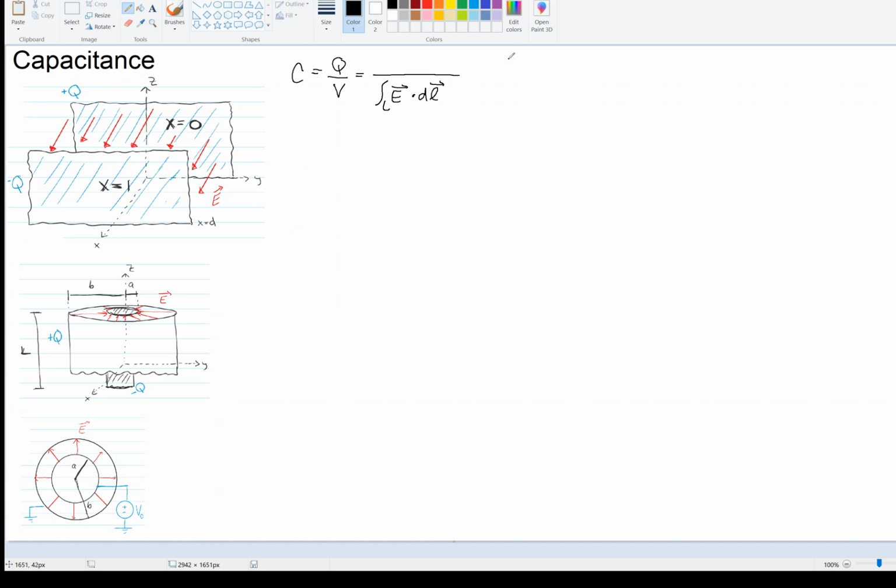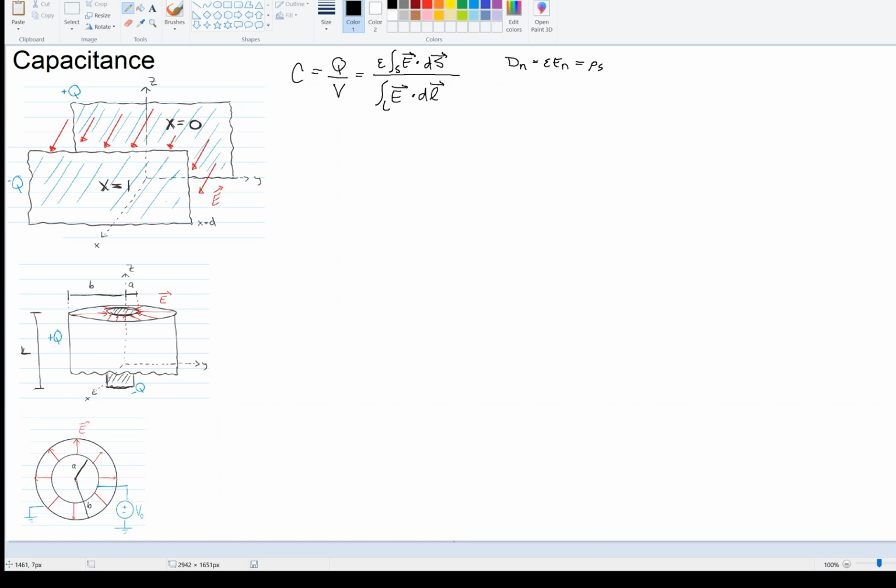So the electric flux density normal is epsilon times the normal electric field, and from Gauss's law in point form, that is rho s, the surface charge density. We can write the total charge by integrating the surface charge density, epsilon E dot dS.